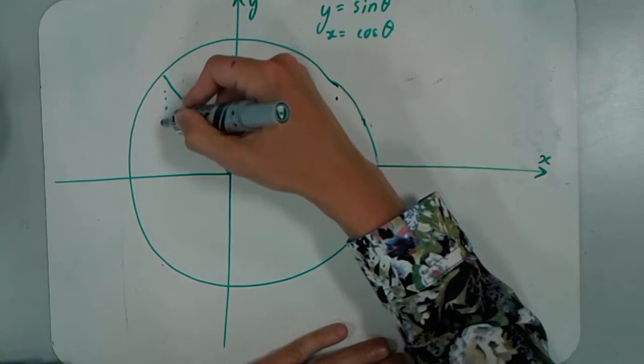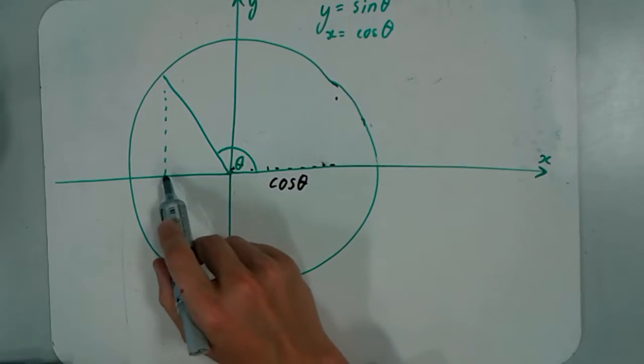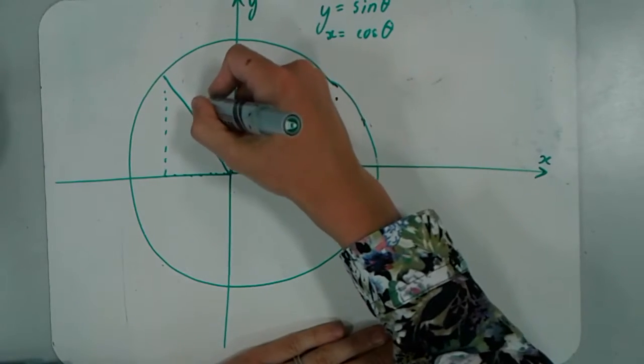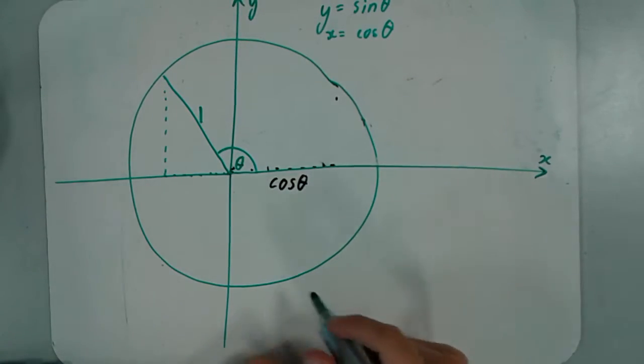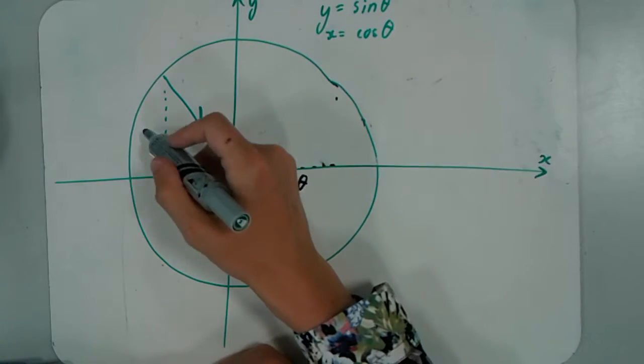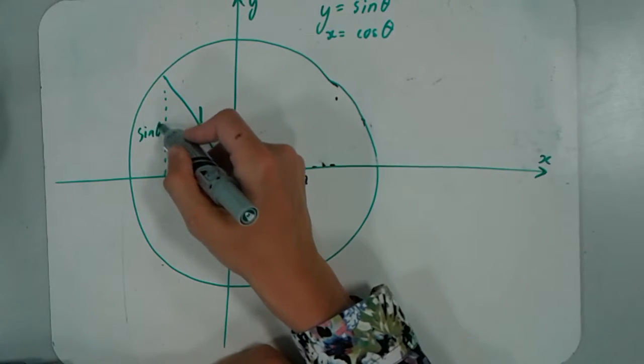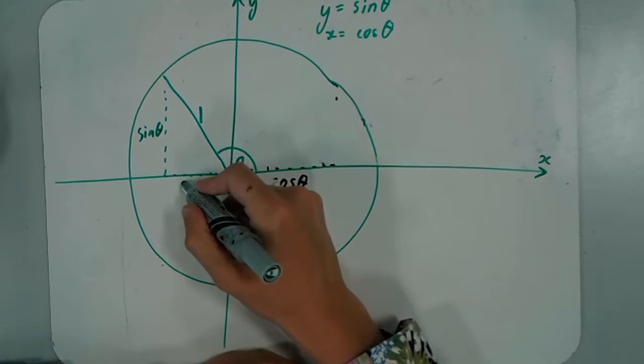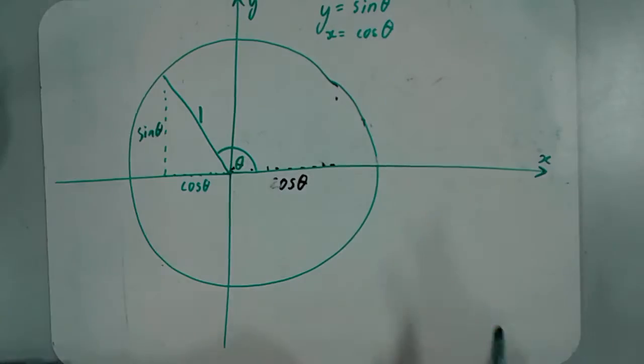And we still have a right angle triangle if we draw it in the appropriate place. Remember, our circle has radius 1. This height here we'll still define as sine theta. This width here we'll still define as cos theta.